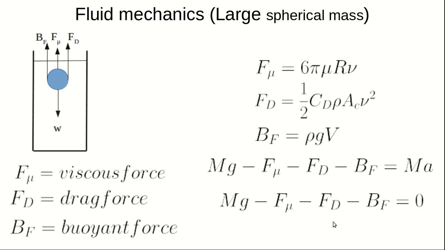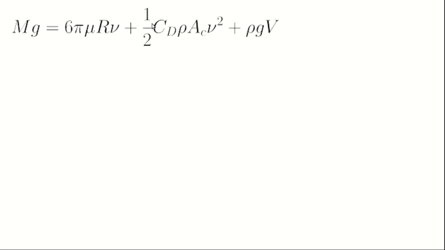So at this point we can make mg the subject of the formula, and that gives us this expression. We can substitute the values here, and that gives us this expression. We now notice that we have the velocity and the square of the velocity, then we have these other parameters.